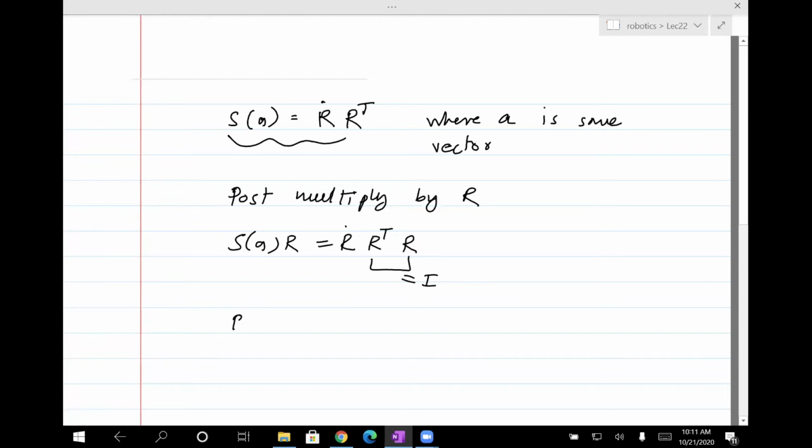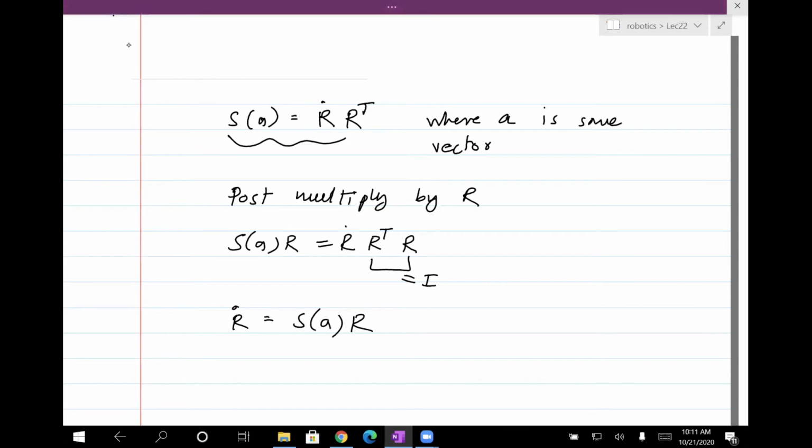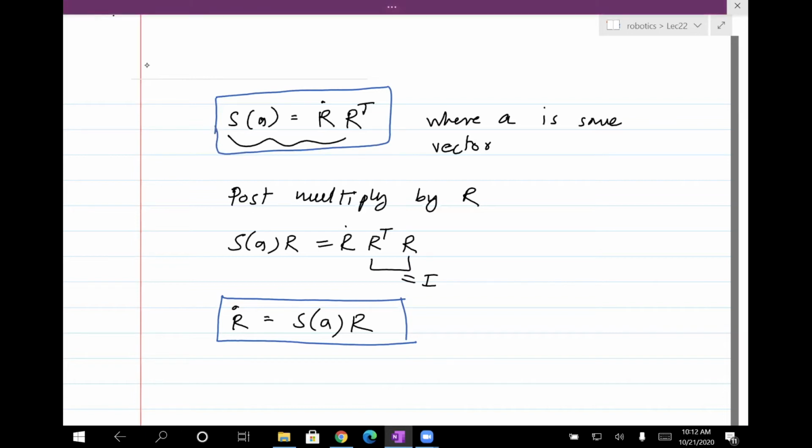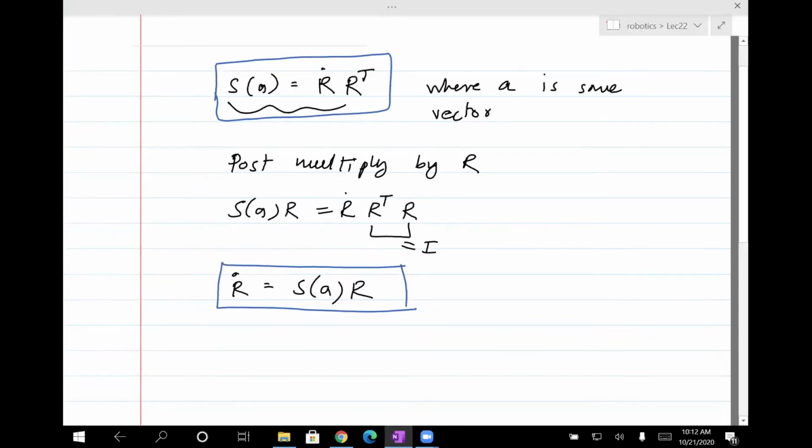So I can write R dot equals S of A times R. Sometimes if you read things about rotations, you'll see that people write this expression, so don't get too confused with that. It's the same as this expression, just worked around. Okay, so that's just an aside.